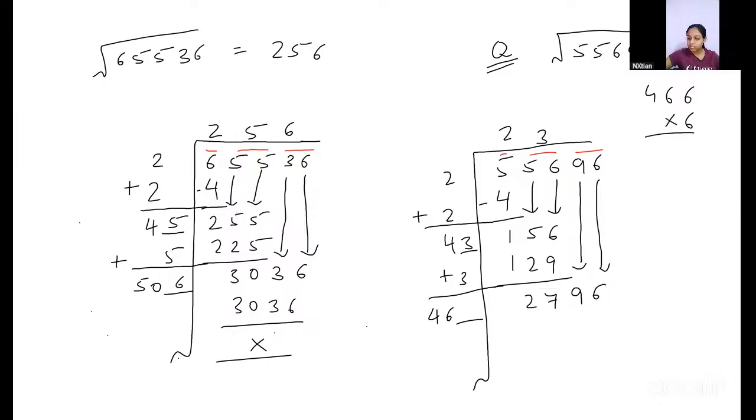Ma'am, 46 times 6 is 2796. With 6, I'm getting 2796. So 6 and 6, 2796.